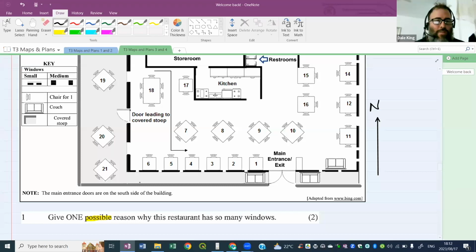Give one possible reason why this restaurant has so many windows. A million answers could come about, but let's take the one that says for the customers to be able to see and maneuver around. So for customers to see the view around, yes, I would agree with you.